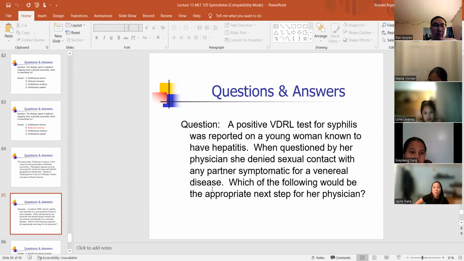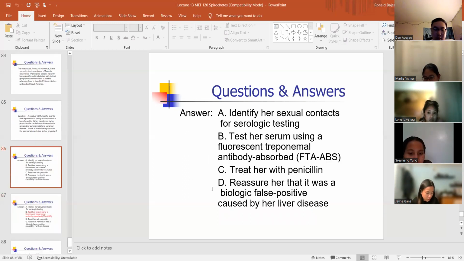All right, here's another question. A positive VDRL test for syphilis was reported on a young woman known to have hepatitis. When questioned by her physician, she denied sexual contact with any partner symptomatic for a venereal disease. Which of the following would be the appropriate next step for her physician?